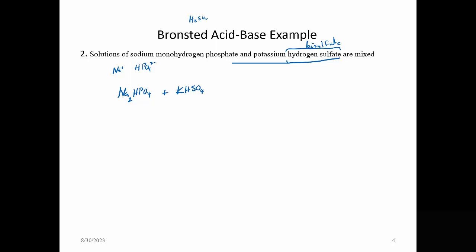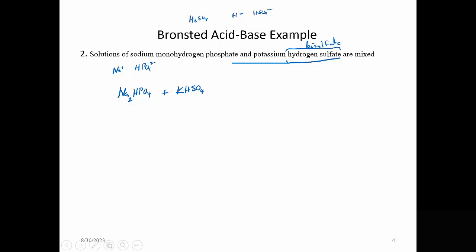Remember H2SO4. H2SO4 I ionized into H plus and HSO4 minus. Why didn't I ionize the second one? I did not ionize the second one because water is not a strong enough base to strip that second one off. Well, the same thing happens here. Water is not a strong enough base to strip the second one off. Now, we could have other things that could strip it off, no problem.